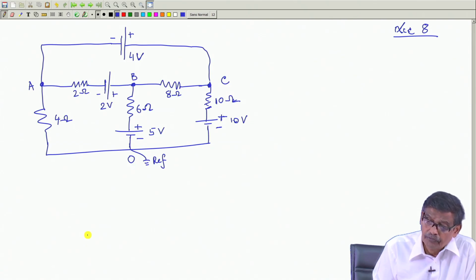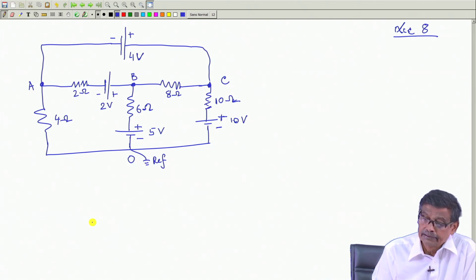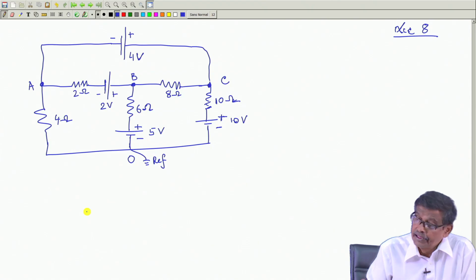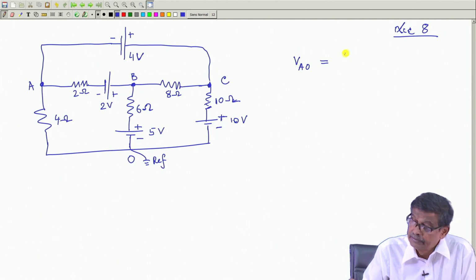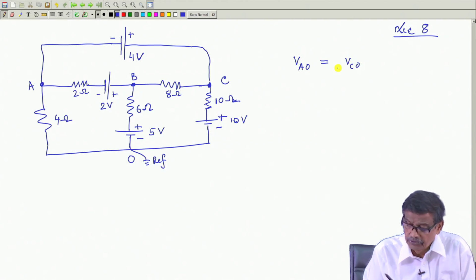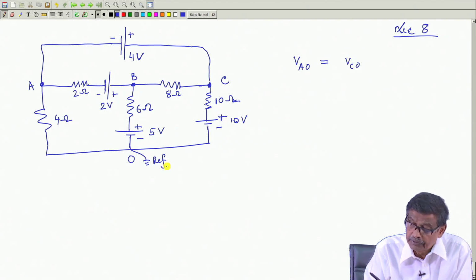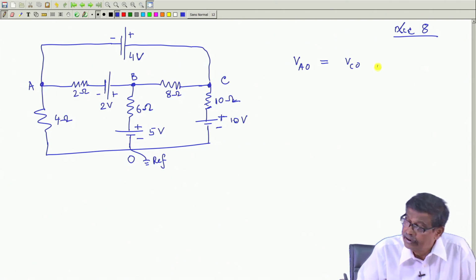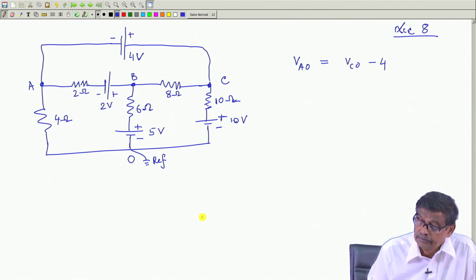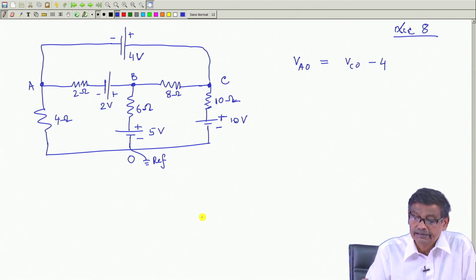Now, another way of looking at it is that the potential of VAO, if I have chosen O as the reference, is nothing but VCO. Suppose you have got this potential with respect to O and then try to reach point A, and there you will find -4. Got the point? This is the thing.